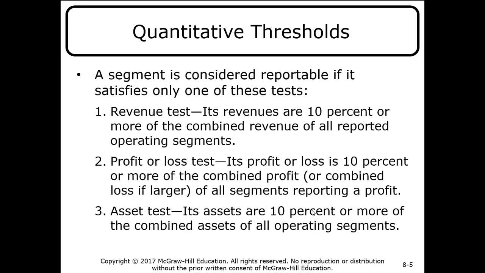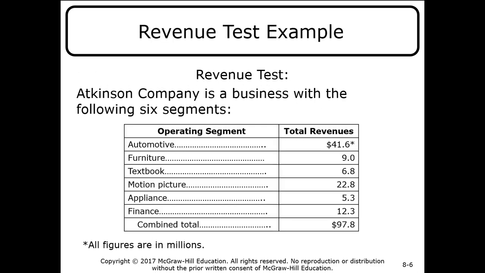You collect all of the revenue and expenses associated with each of the individual segments defined by management, and all of the assets controlled by each of those segments. Then you do 3 10% tests: a revenue test, a profit or loss test, and then an asset test. So a revenue test.